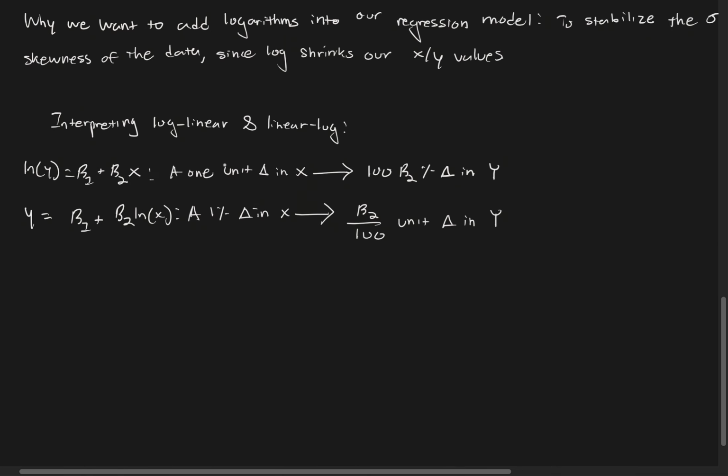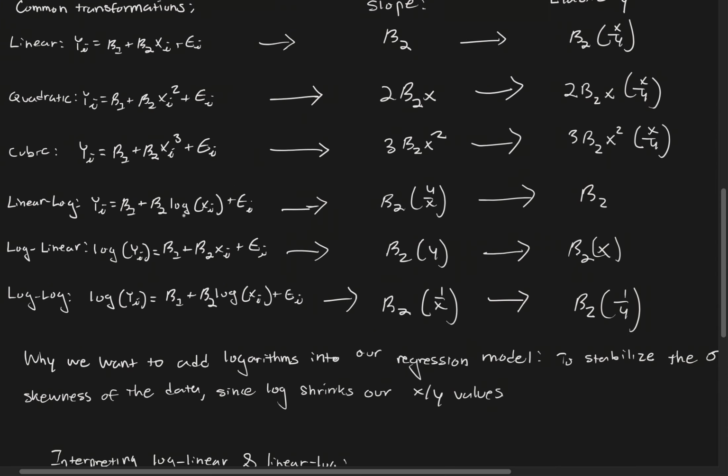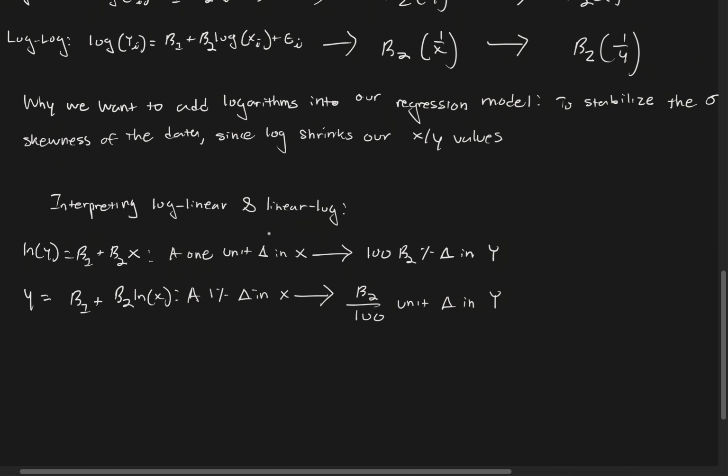And then lastly, if we want to interpret the log linear and linear log in terms of elasticity, so for the log linear, we say that a 1 unit change in x will cause a 100 times beta 2 percent change in y. And then for linear log, we say a 1% change in x will cause a beta 2 over 100 unit change in y.